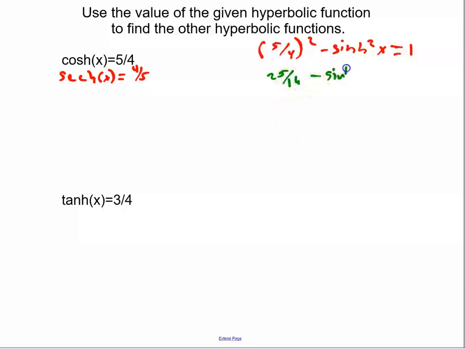Minus hyperbolic sine squared equals 1. So negative hyperbolic sine squared, almost forgot the h, told you it's bound to happen, just be conscientious and be careful about that, equals negative 9/16. So hyperbolic sine squared is equal to positive 9/16, which means hyperbolic sine is equal to 3/4.